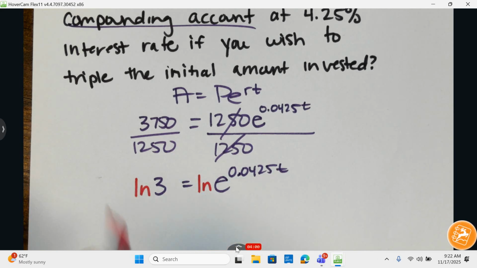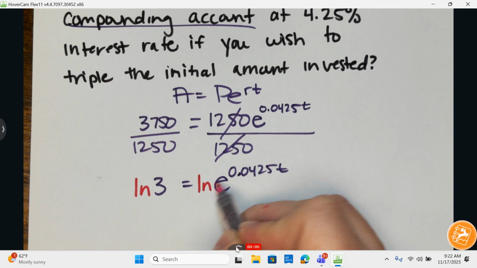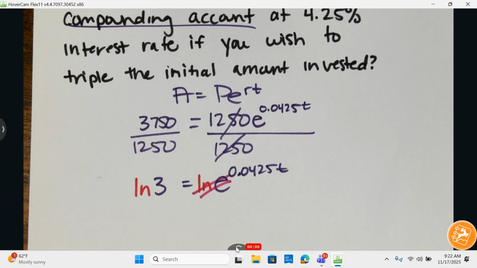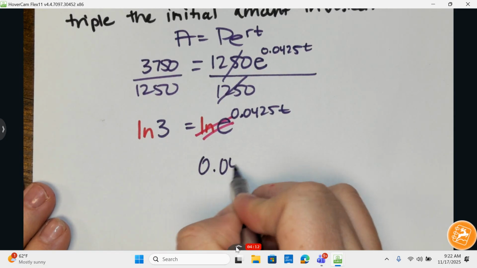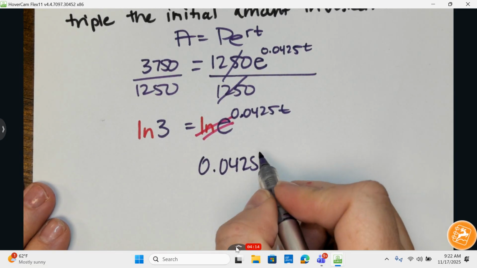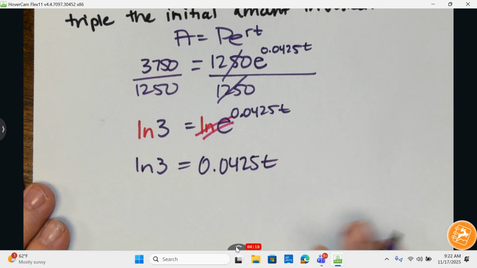Log base e is also known as ln. On the right-hand side, the ln of e and e simplify down to a 1, and I'm left with 0.0425 T equals the ln of 3.